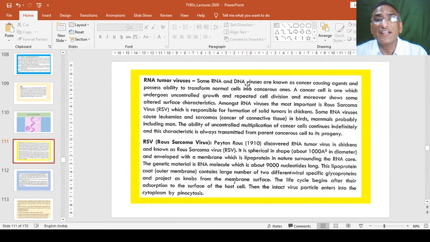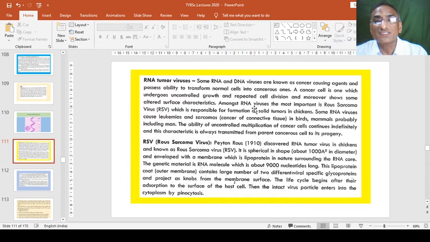Some RNA and DNA viruses are known as cancer-causing agents and possess the ability to transform normal cells into cancerous ones. A cancer cell is one which undergoes uncontrolled growth and repeated cell division, and moreover shows some altered surface characteristics.